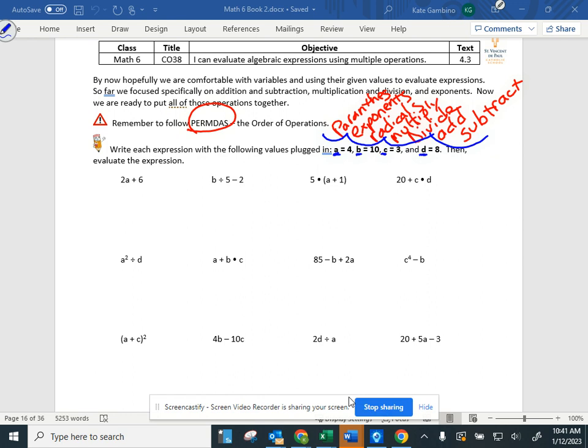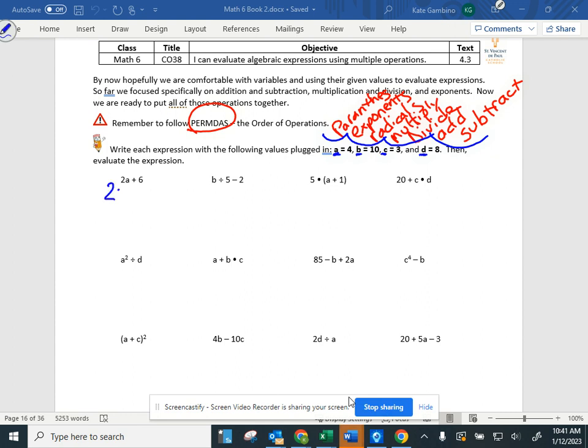So if I have 2A plus 6, how am I going to rewrite that? Amelia? 24 plus 6. Super close. But there's an operation in there. So it's not 24. I'm not going to write it like that because A equals 4. Amelia said, oh, there's a times in there.